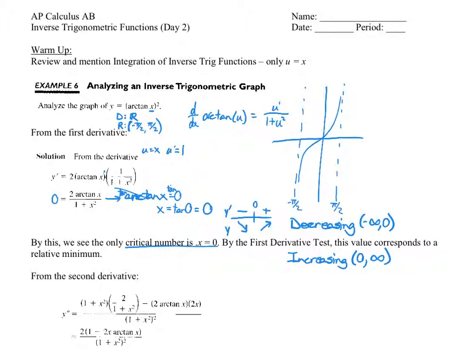Okay? And then we have that minimum point there at 0, whatever that is, okay? Arctangent of 0 is 0, squared is 0, so that actually is at the origin, okay? The relative minimum is at (0, 0).